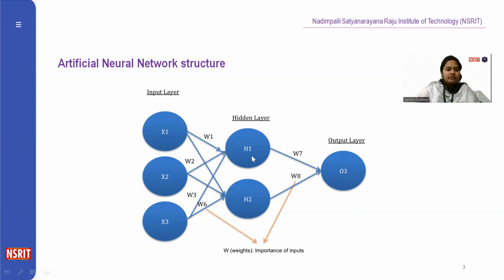I hope everyone is clear about this part. The input layer and output layer have to be only single layers, but hidden layers can be more than one. In this particular diagram, I have considered input layer with three neurons, one hidden layer with two neurons, and a single output.